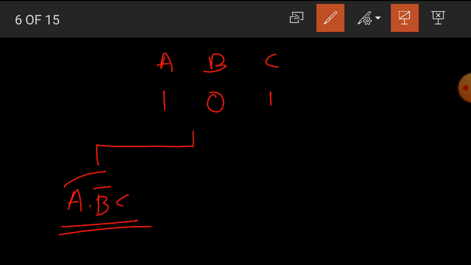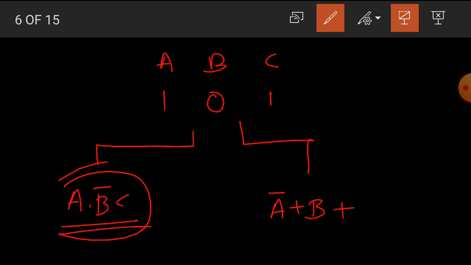We get the min term a into b bar into c. We can write the max term for the same: a has the value 1, so we write a bar, plus b has the value 0, hence b, plus c has the value 1, so we write c bar. This is the max term.